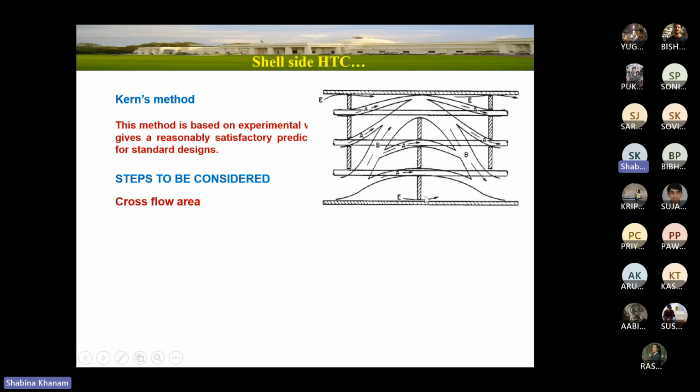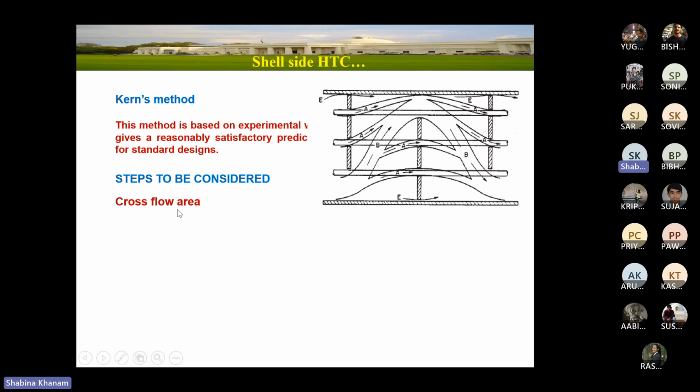This is the shell, and these are the tubes. If you can visualize, I have a gap between baffle hole and tube OD, so that the baffle can be inserted smoothly in this bundle.